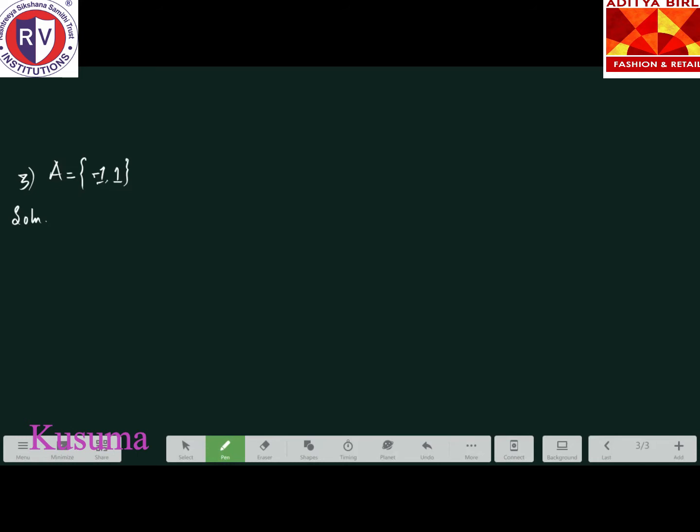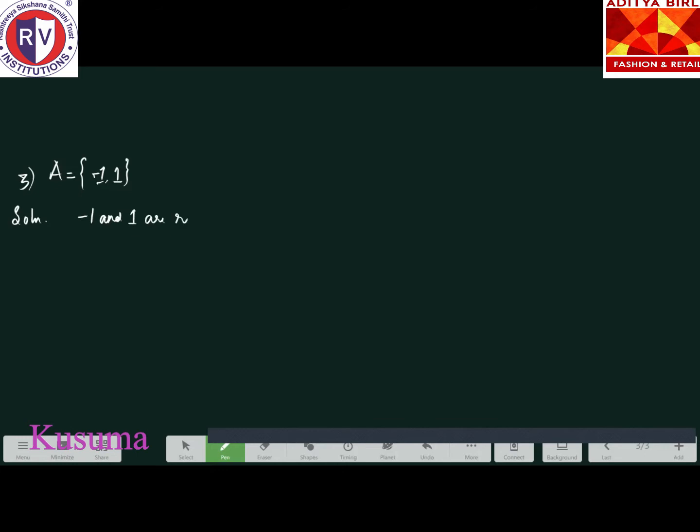Okay, since these two are the roots, let us find out this reduces to which equation. So we know that minus 1 and 1 are roots. So minus 1 and plus 1 will be the factors of some equation. Now let us see which will be the equation. Upon solving this, we will get x square minus 1 equal to 0.